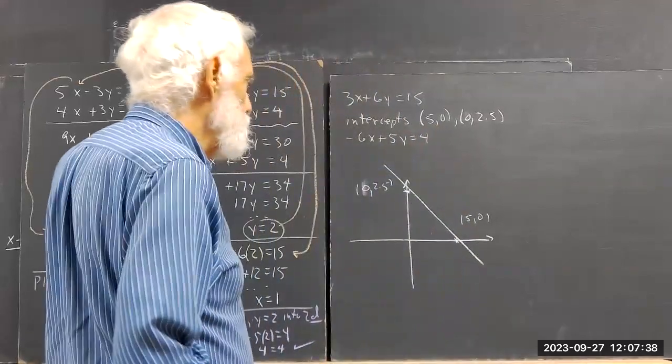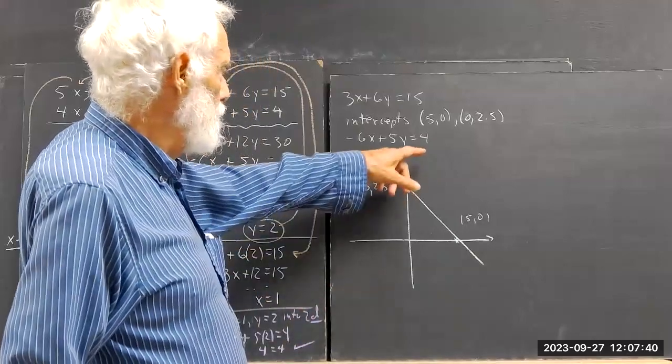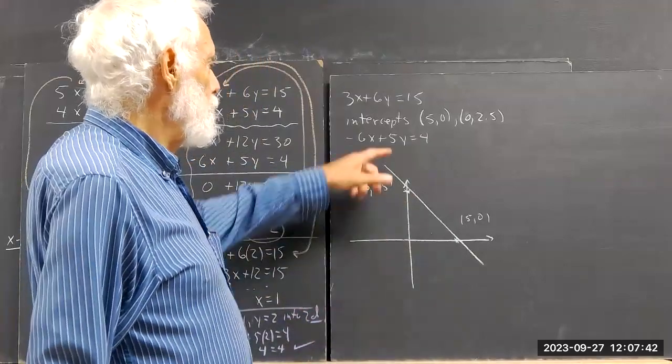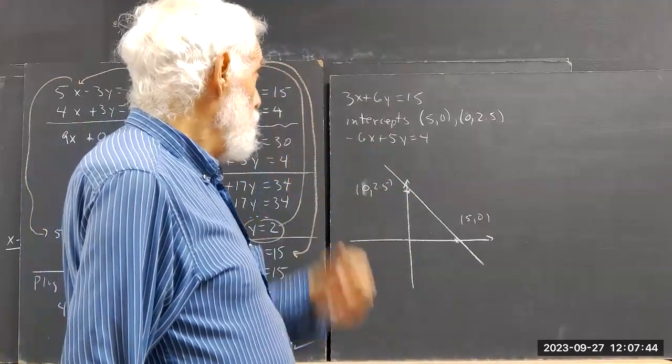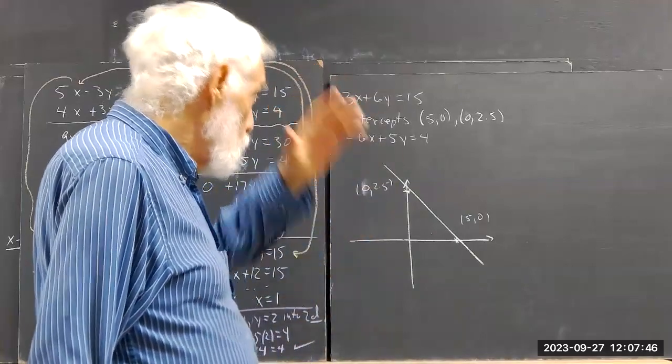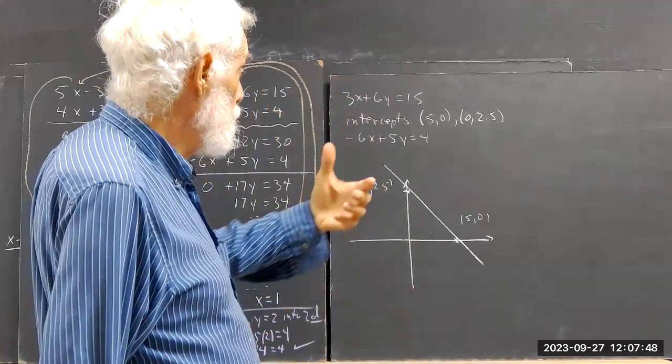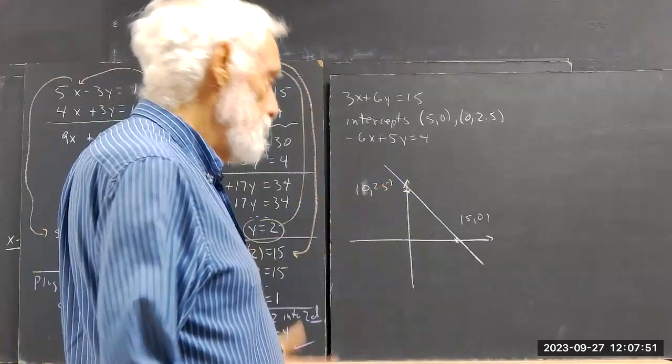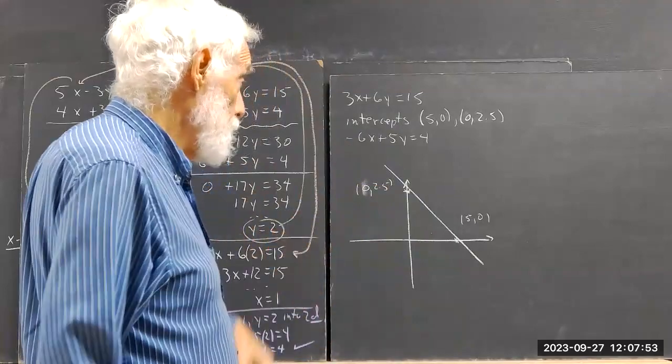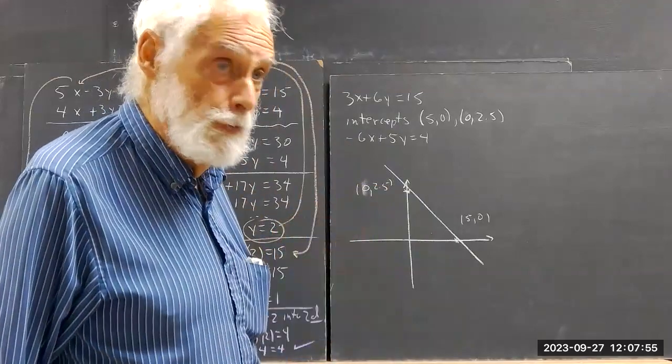All right, for the second equation, your x-intercept is negative 2/3. Your y-intercept is 4/5.